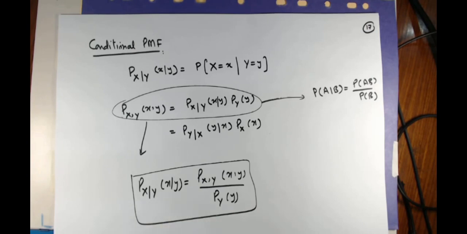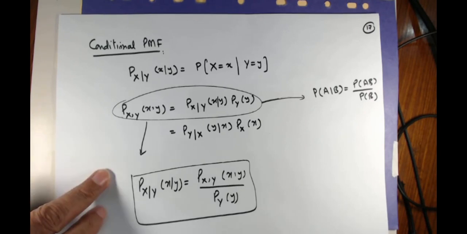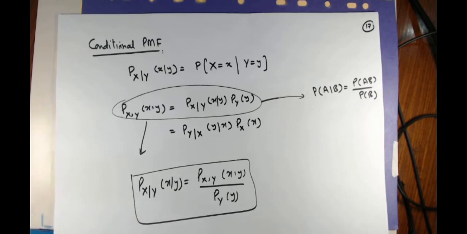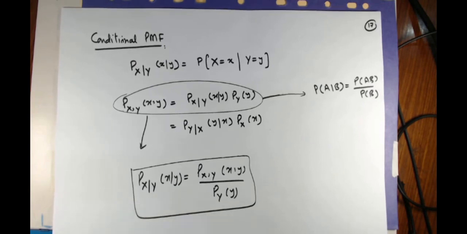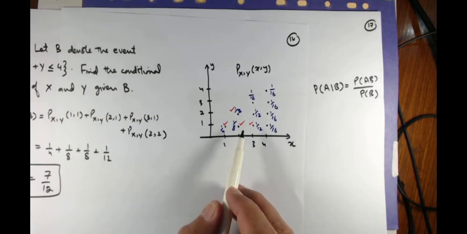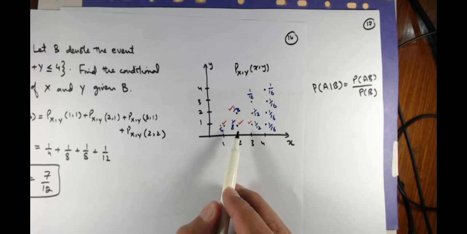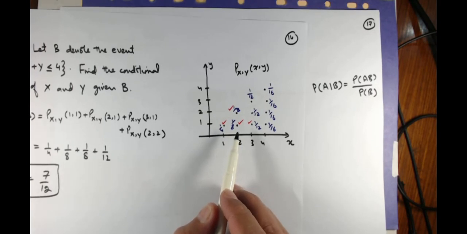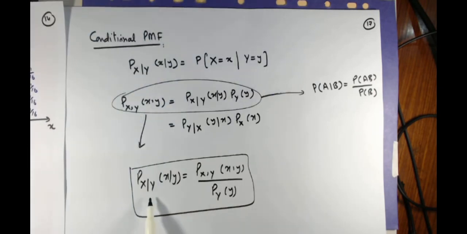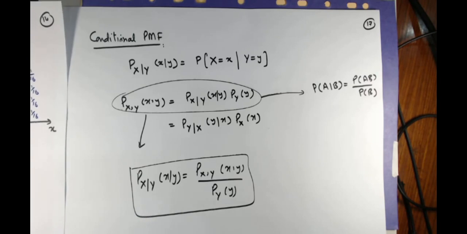We'll see how we can now solve the same example, but for this conditional PMF. If you recall, we developed this example a few minutes back, and now we'll try to find this type of conditional PMF, which is obviously different from the previous one.